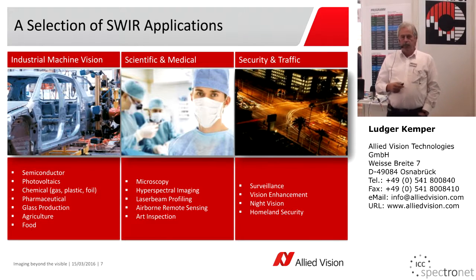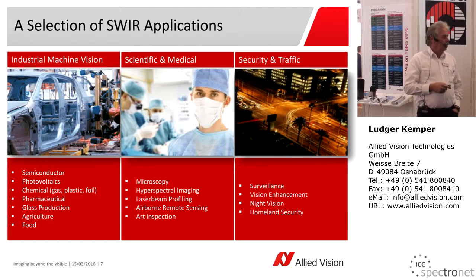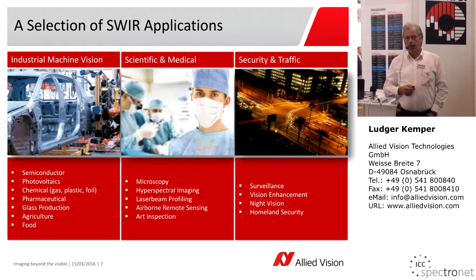In scientific and medical, you have microscopy applications where you want to see details in the SWIR range. The hyperspectral imaging to detect characteristics also in SWIR, laser beam profiling, airborne remote sensing, and also in art inspection you can use SWIR cameras.